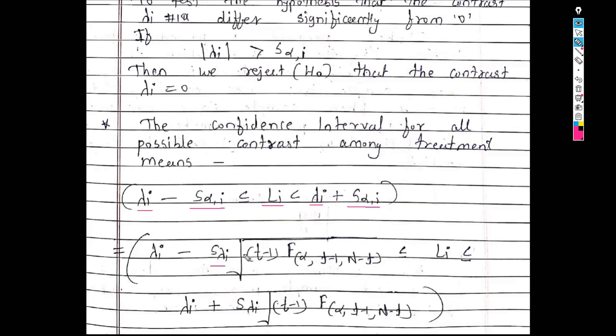So S_λi times the square root of (t minus 1) into F with α level of significance, t minus 1 degrees of freedom and N minus t degrees of freedom, is less than or equal to Li, which is less than or equal to λi plus S_λi times the square root of (t minus 1) into F with α level of significance, t minus 1 degrees of freedom for treatment and N minus t degrees of freedom for error.